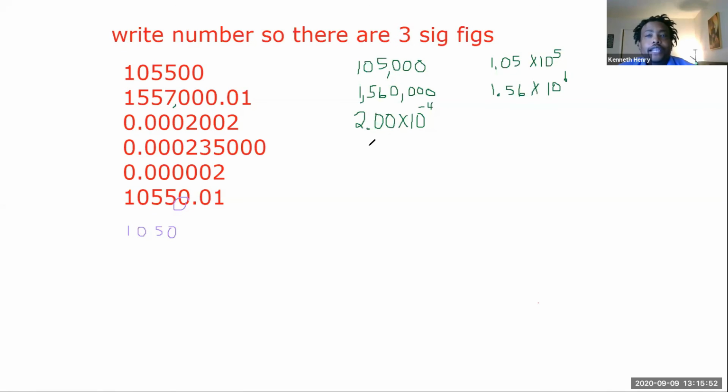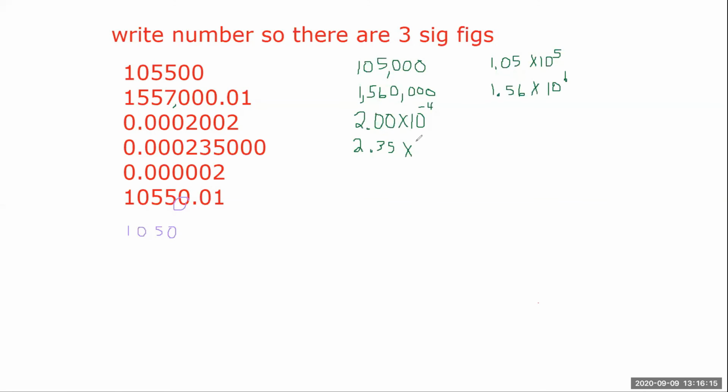Mari, you want to help me out with the next one? Would it be 2.35 times 10 to the -4th? Okay. That is correct.